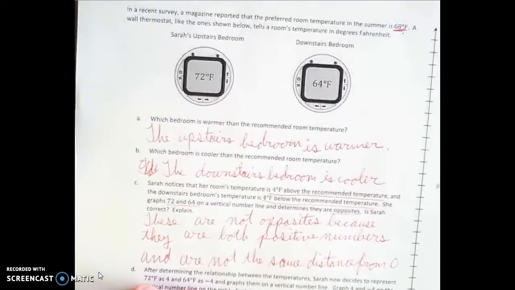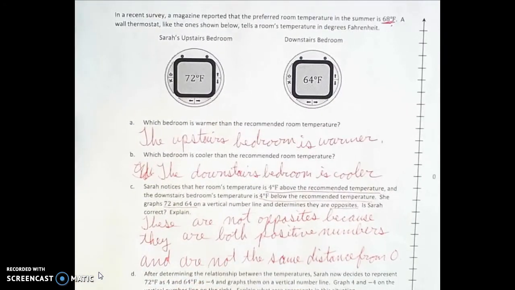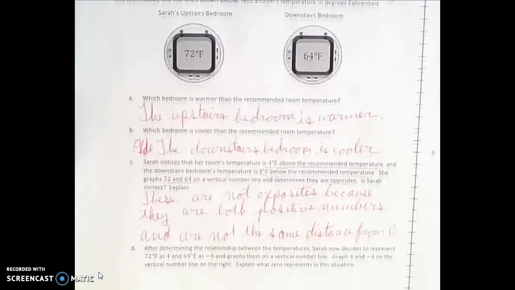So in this case, they're not opposites because they're both positive numbers and they are not the same distance from 0. Remembering that opposite numbers are on either side of 0.